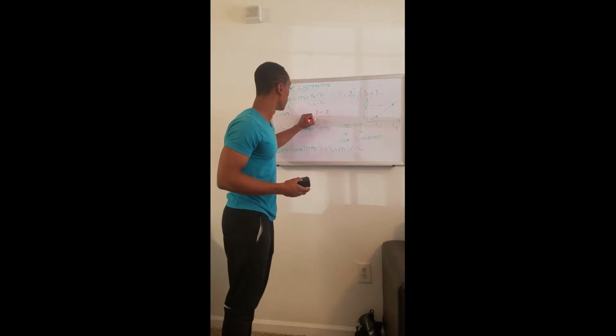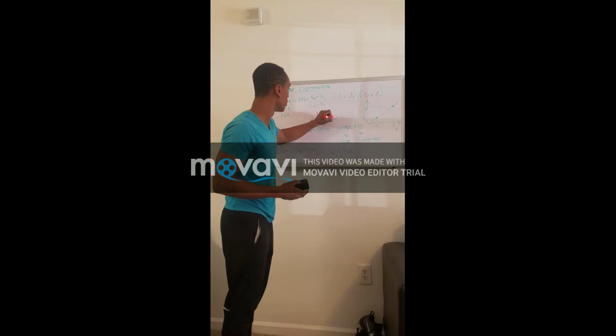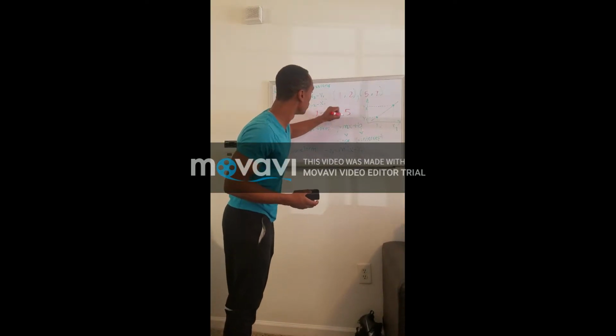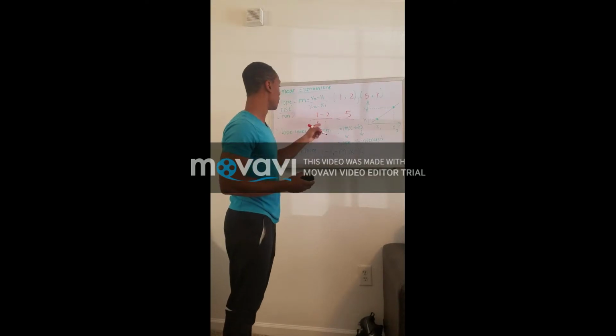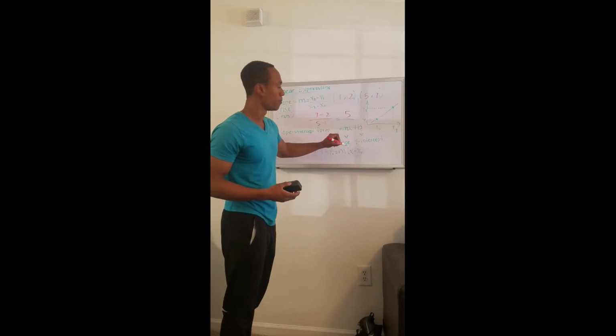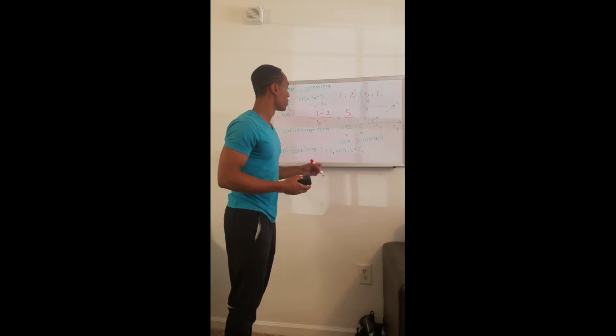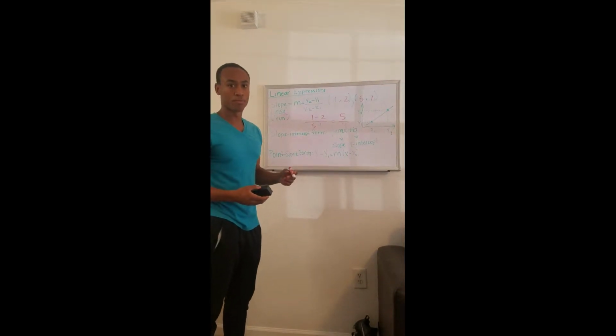So we have 5 minus 1. So 7 minus 2 is 5 and 5 minus 1 is 4. So our slope is 5 over 4.